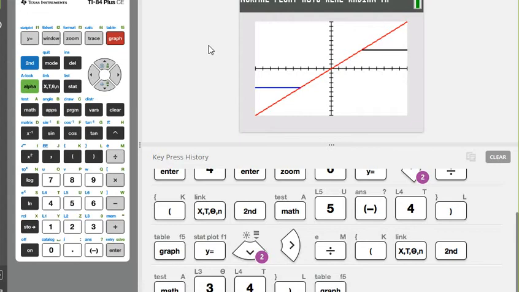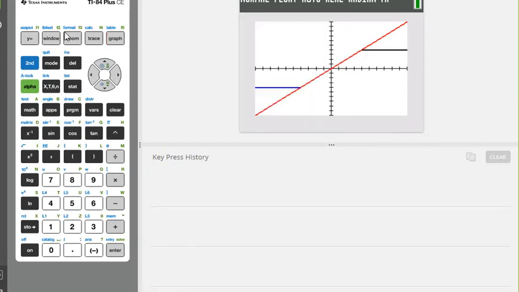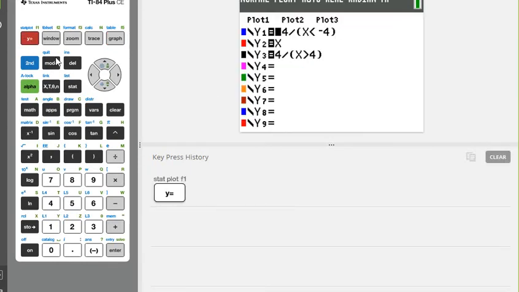The real pain about the graphing calculator comes with the middle one. I can't put a double inequality like I do with the other two, or like I did with Desmos. So let me clear this out here and show you what you've got to do in the middle one. To clean up the middle one, again I'm going to divide, but you're going to need to hit two left parentheses.